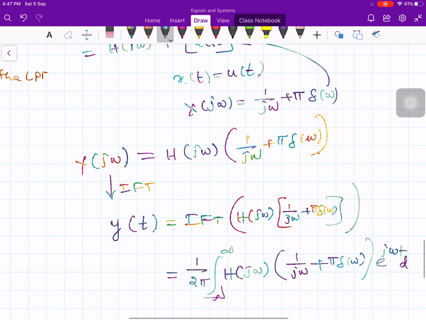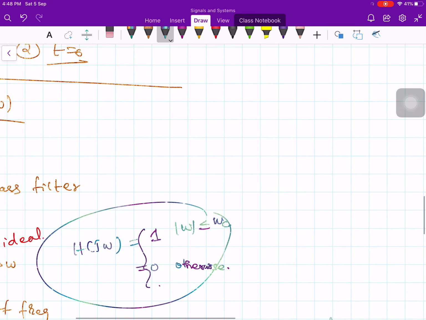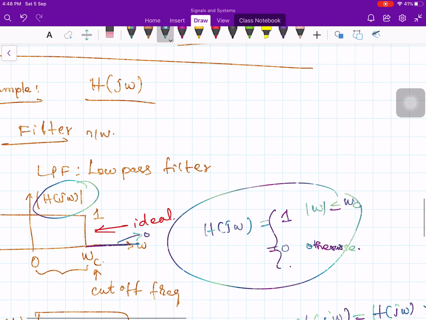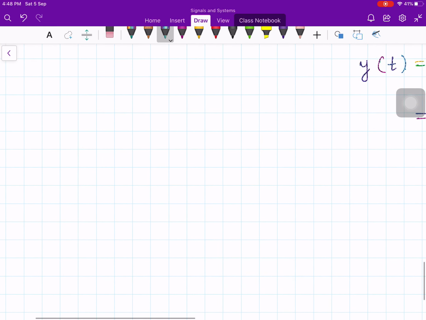Now we are integrating with respect to omega, and we know that H(jω) vanishes when ω exceeds ω_c. That's what we said, it has filter characteristics of 0 magnitude outside. It exists only as long as the magnitude of ω is less than ω_c. Therefore this integral limit also changes.